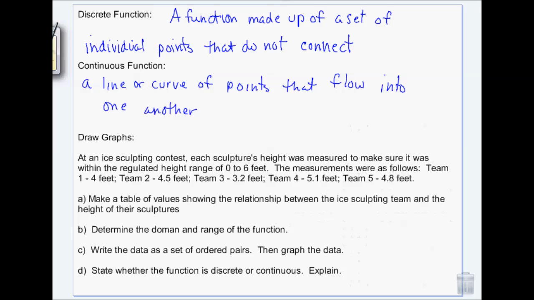Okay, did I leave a blank spot for you guys? Yes, I did. So what we're going to do is you're going to come to this next page, and we're going to make a table. We have 5 teams, so those are going to be my X values. And each team made an ice sculpture.